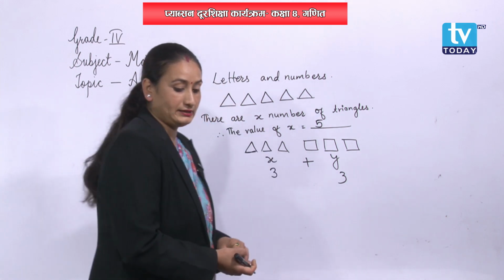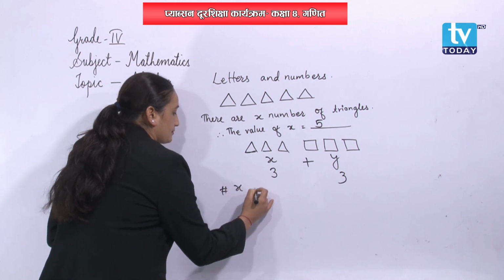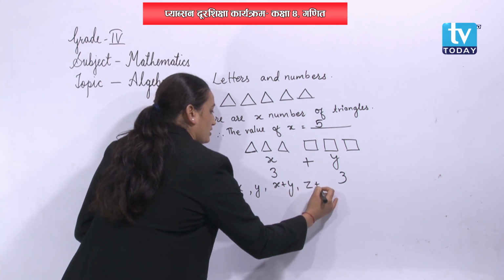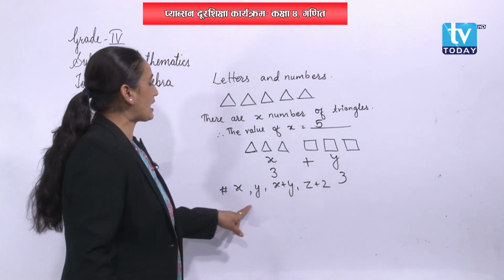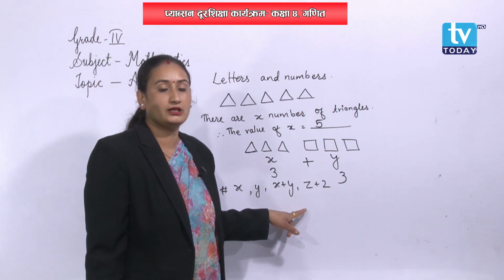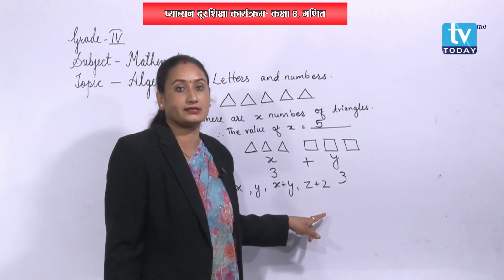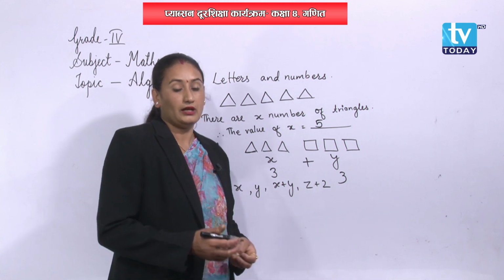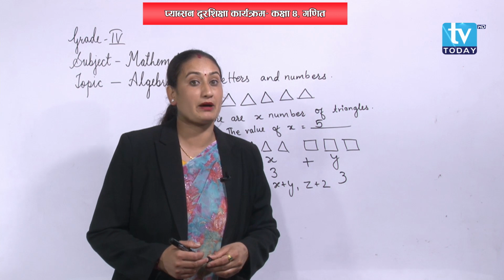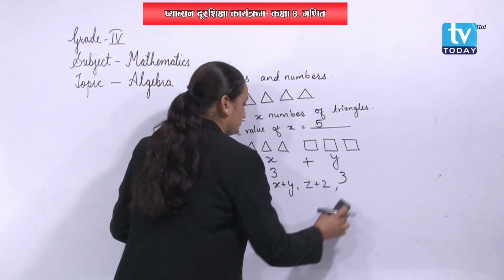So same like that, we are going to use different terms: x, y, x plus y, z plus 2. If this type of questions, numbers and letters are coming together, then we give them the name algebraic term. So when 2 or more than 2 terms are connected by plus or minus, you can give other examples also.